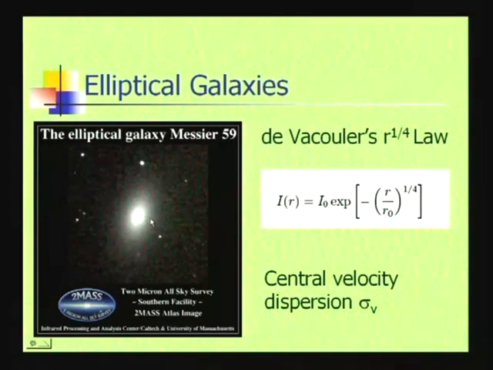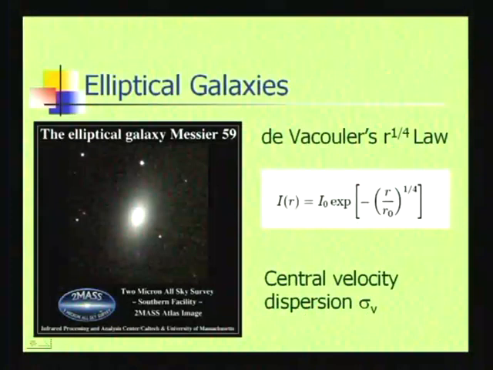As I move away, the r will change, the direction also will change. So, the specific intensity as a function of r, the distance from the center of the galaxy, can be expressed as I naught exponential minus (r by r naught) to the power 1/4. This is what de Vaucouleurs found for the brightness of the elliptical galaxy.